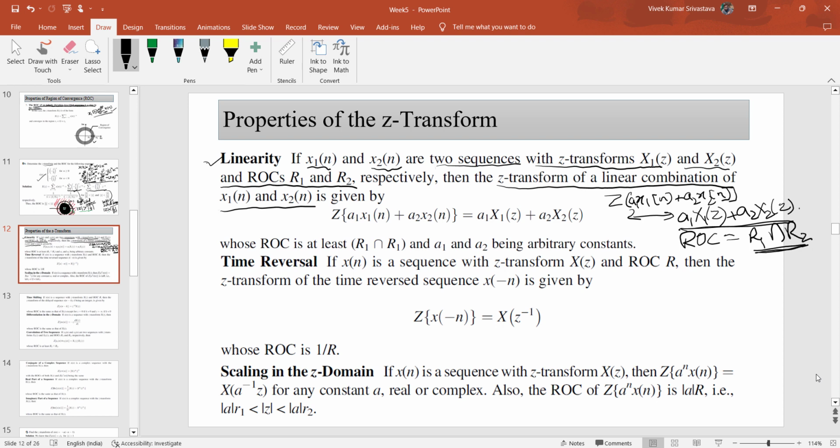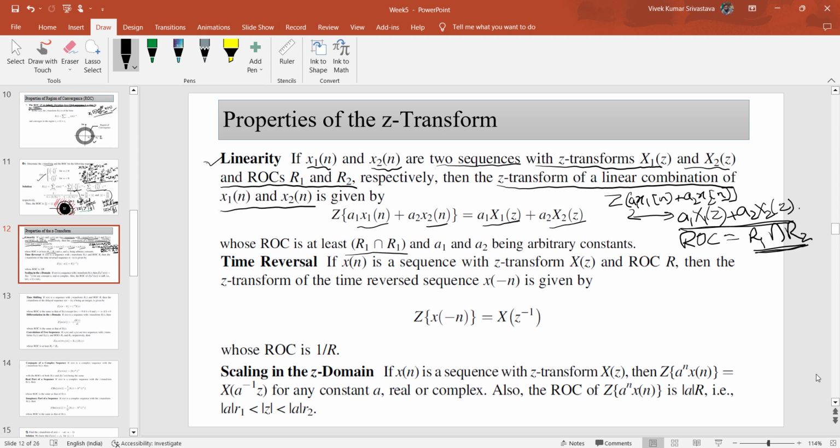So by using this property, if any signal is given to us which is a combination of different signals, we can easily evaluate the z transform of this linear combination by individually evaluating the z transform of each signal. Then we can evaluate the z transform of the overall signal as well as the ROC, which is the intersection of the ROCs of all the individual sequences forming the linear combination.